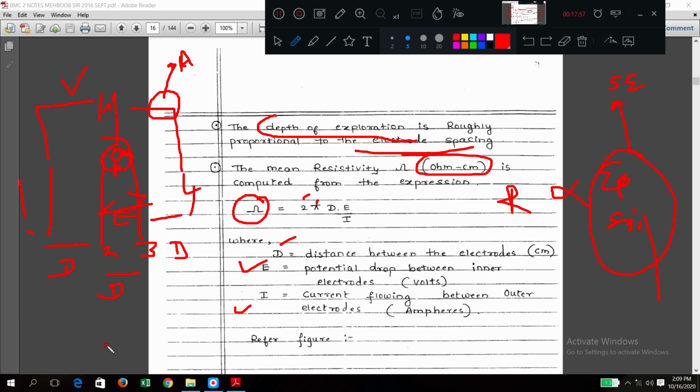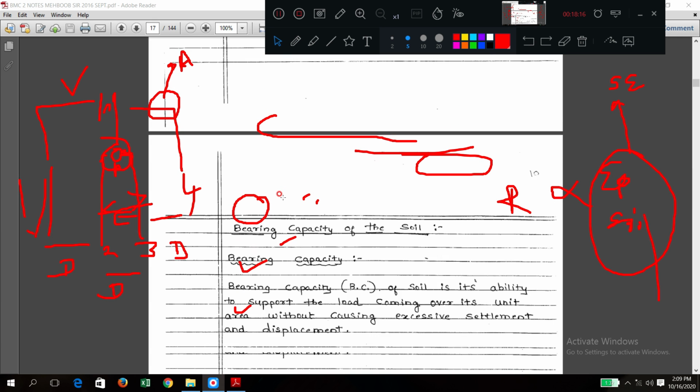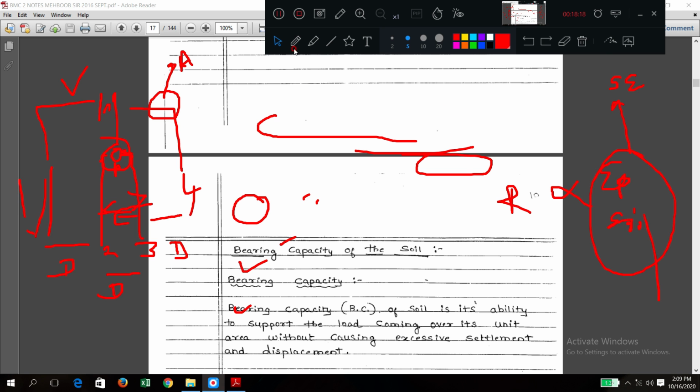That is one thing. Basically you are studying electrodes, emitter, potentiometer. You apply the potential difference to the outer electrodes, and you measure the resistivity with the inner electrodes. Okay, next we will continue in the next class.